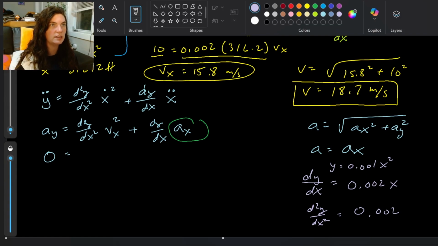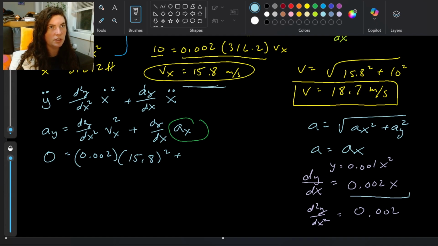It's a constant. So I can plug that into my formula over here. 0.002 times the velocity in my x direction. We calculated that, 15.8 squared, plus dy dx. So our dy dx, remember this is at y equals 100. We said at y equals 100, our x is 316.2.